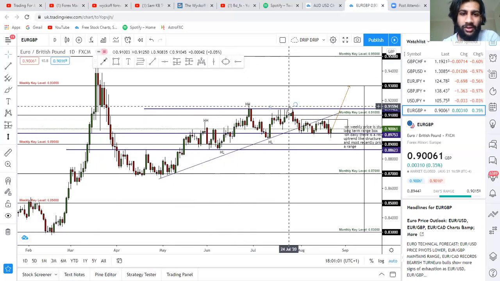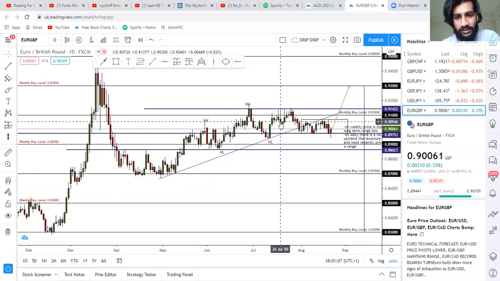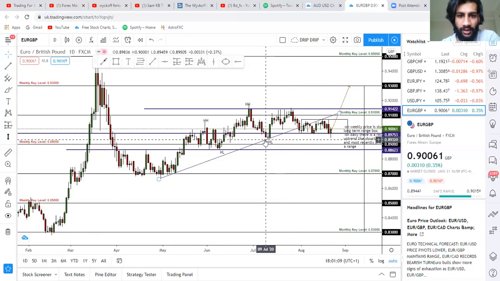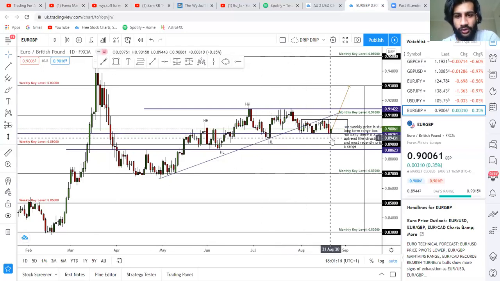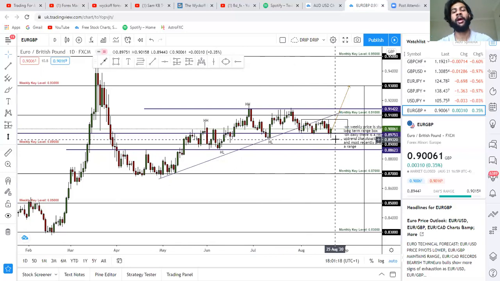I wouldn't necessarily call it a lower high. It's pretty similar to me, and this rejection over here also stayed above this higher low, right?